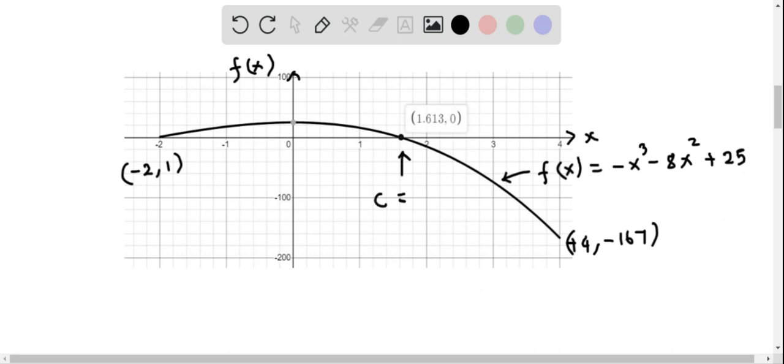Basically we have to determine the c, which is the solution of the graph, which is 1.613. At x equal to c, that is at x equal to 1.613, the function value becomes 0, that is f of x equals 0, which in fact is the solution to the graph. So we can see that the solution to the graph is x equal to 1.613.